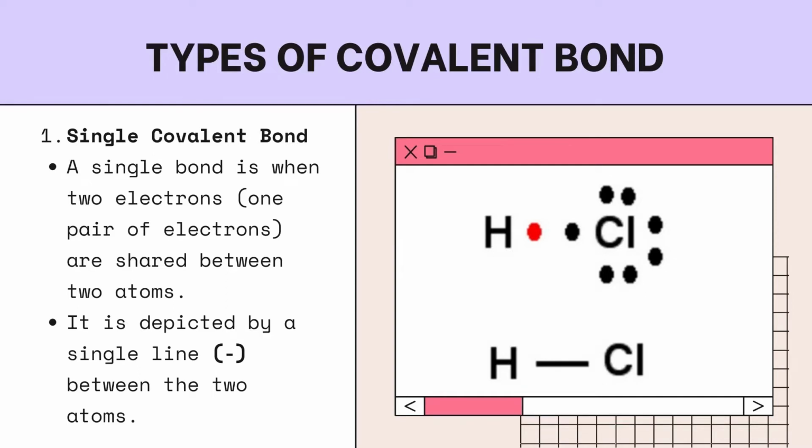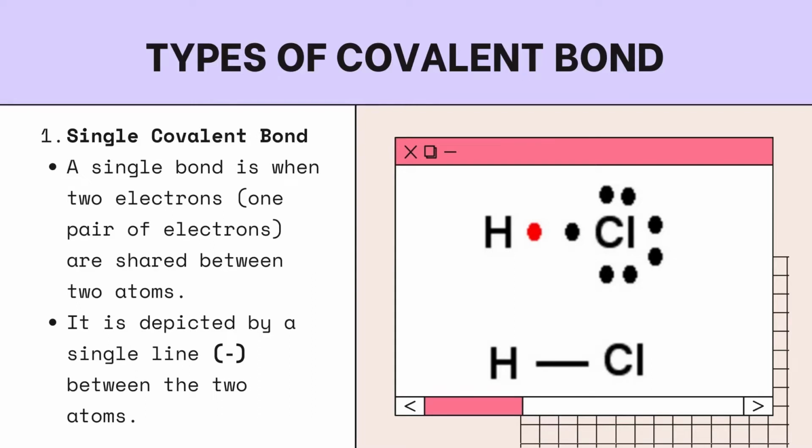Hydrogen has only one valence electron, whereas chlorine has 7 valence electrons. To satisfy the octet rule, each atom gives out one electron to share with each other, thus making a single bond. I hope it's clear to your end, dear student.